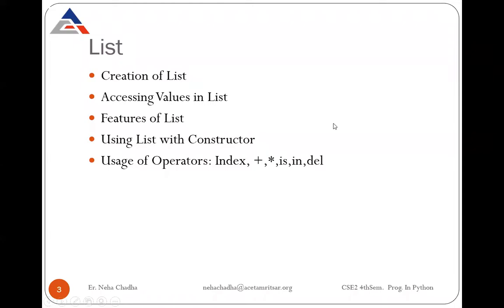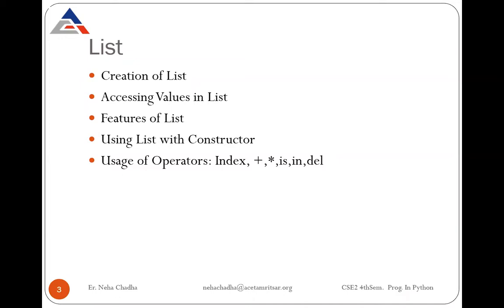Now coming to the features of the list. The first feature is that a list can be heterogeneous. You can make it homogeneous, you can make it heterogeneous. That means you can take any type of data type in your list. And the other is that a list is mutable. Mutable means if you want to make some addition or edit your list, you can.